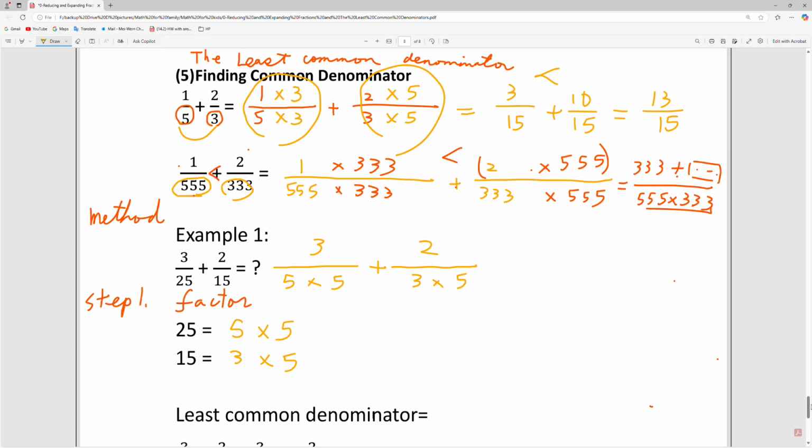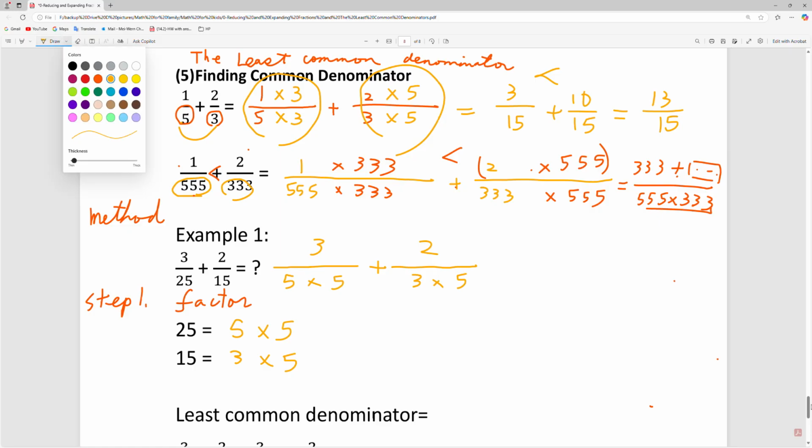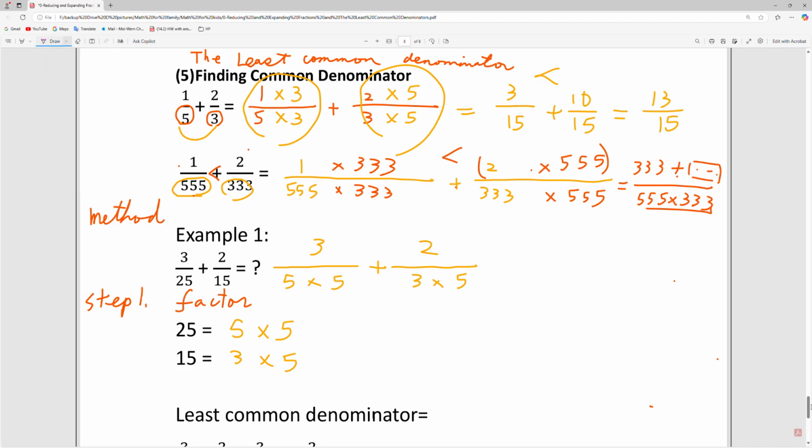Okay, so compare these two. What's the difference here? They have two 5s. Here you have only one 5, so you multiply by 5. Make sure when you multiply a number to the denominator, you need to multiply the same number to the numerator.